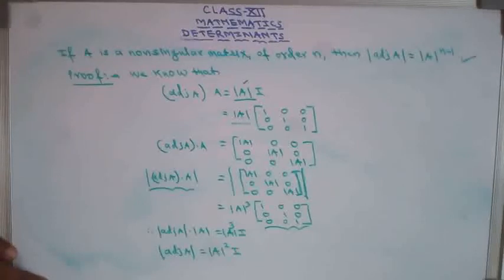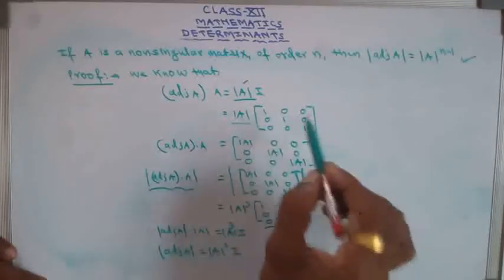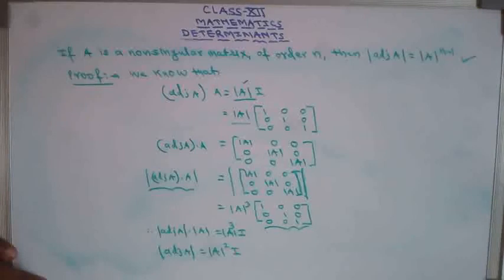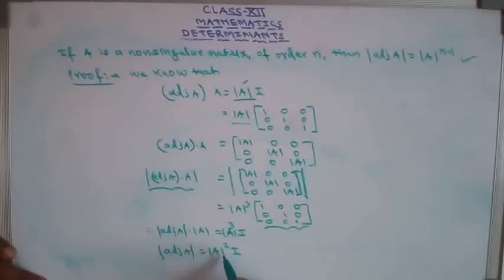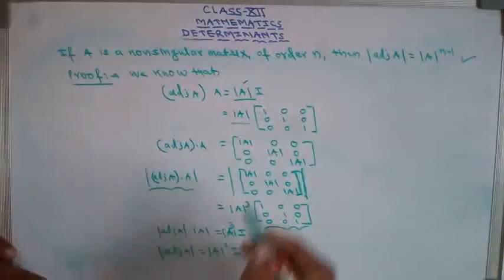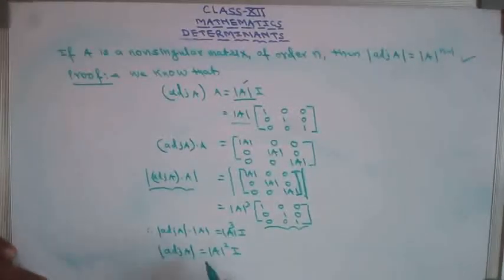Okay students, here the matrix was of order 3 by 3, whereas the power of determinant of A is less by 1. So we can write that if the order of the matrix is n, then the power of determinant of A will be n minus 1, one less than the order of the matrix. In this way, students, we can prove this result: determinant of adjoint of A equals determinant of A raised to the power 2 for order 3.